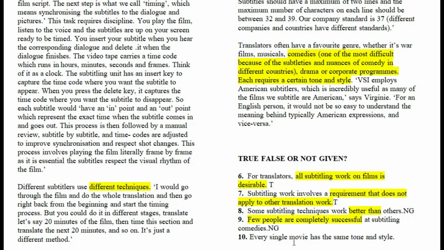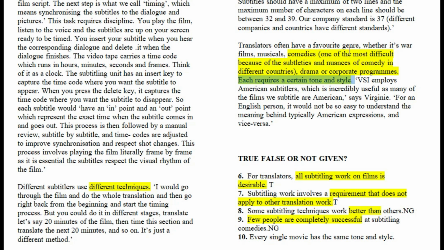And the last one: every single movie has the same tone and style. I think this one is very easy. You can see this one here: each requires a certain tone and style. By the way, this sentence doesn't refer to comedies only. Don't become confused.